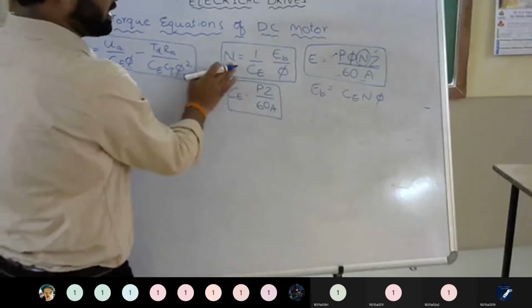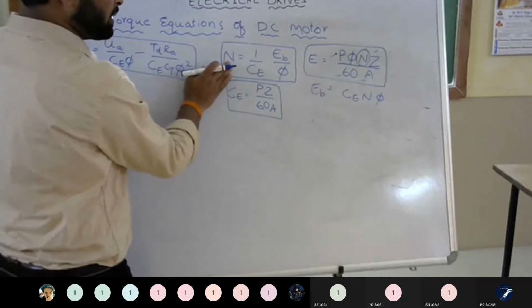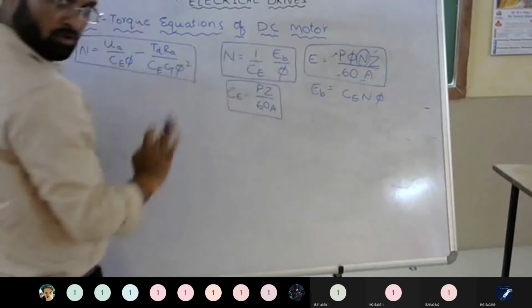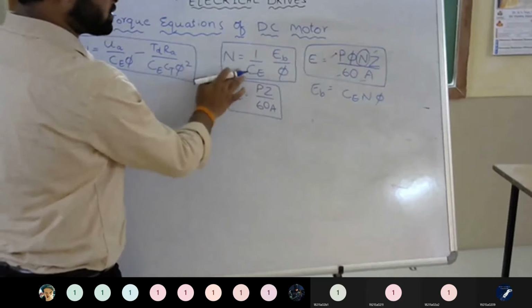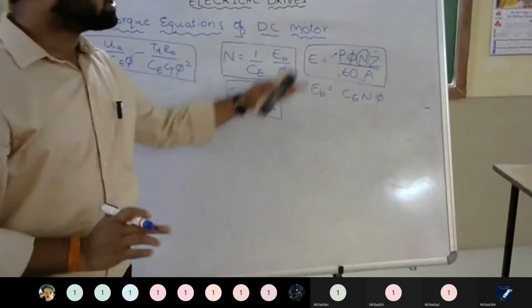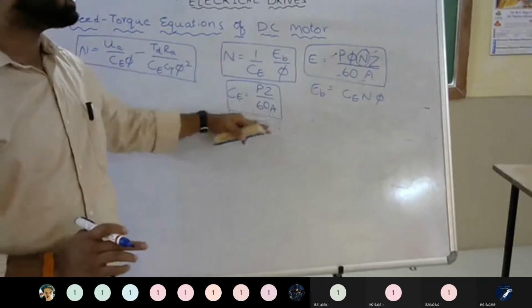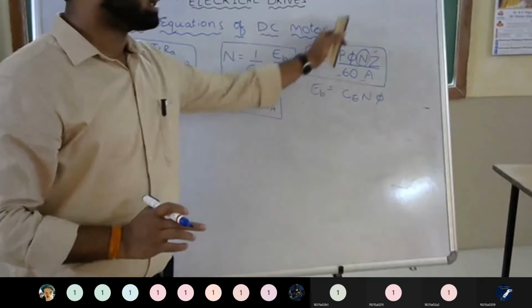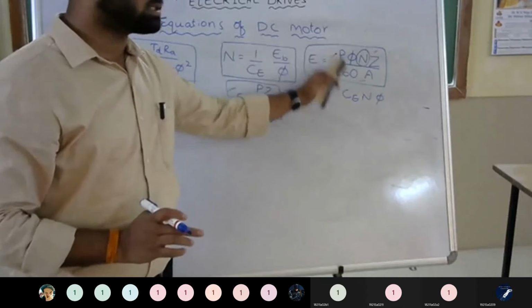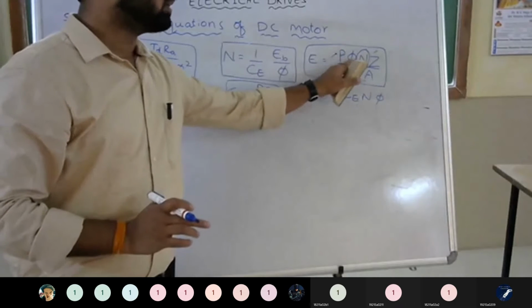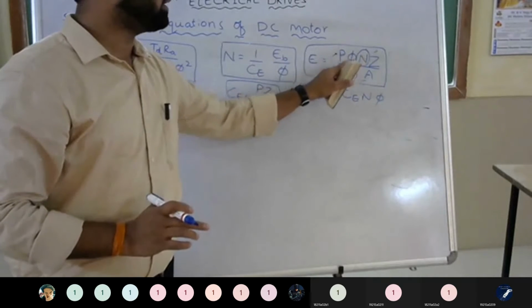So why are we writing this? Speed is depending upon the EB, and speed is depending upon the flux 5. Okay, so CE means PZ by 60A. Why every time am I repeating this? Because you people have to remember it in this way. EMF is generated by rate of change of flux. What is the flux? 5 flux. How many poles? P poles. So P5 is the flux. What is the speed?